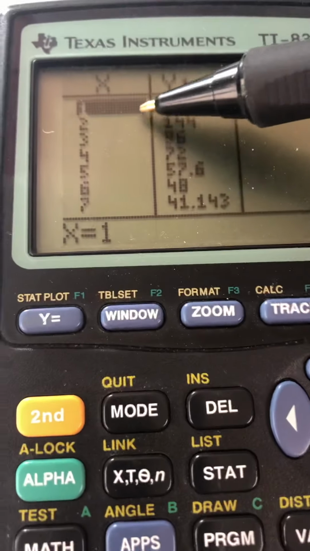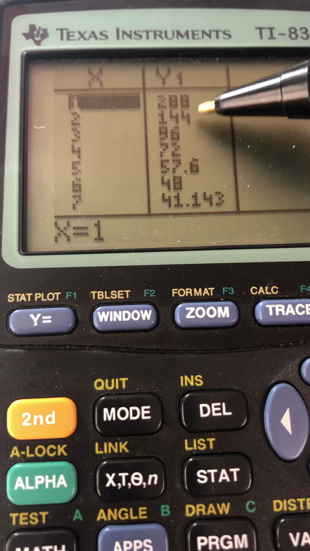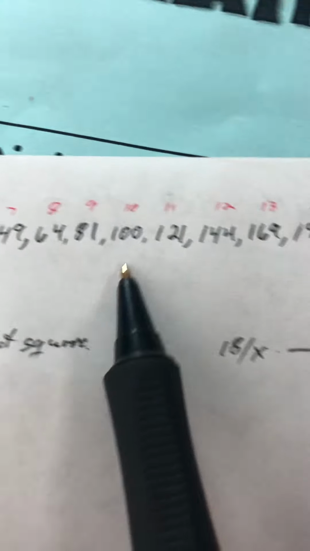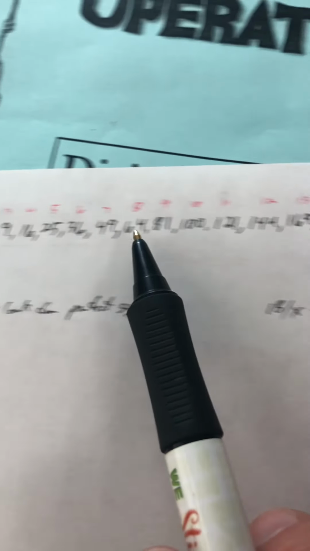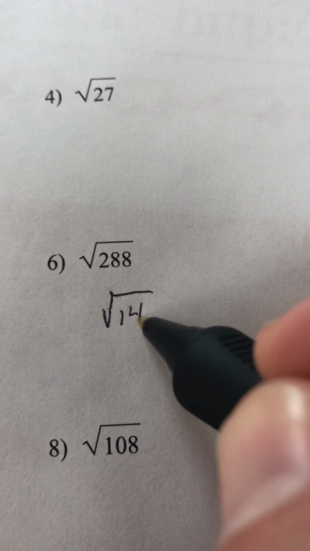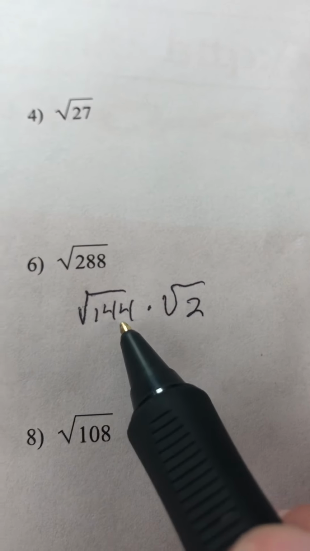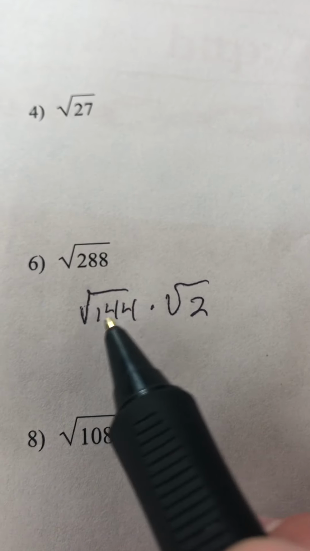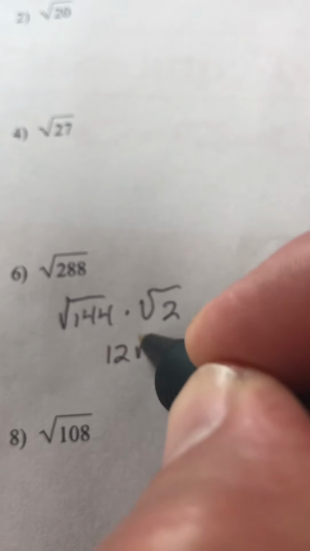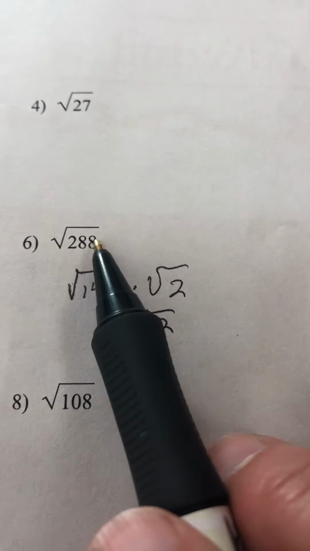And so the first ones that I come to, let me see, 144 and 2. 144, if you look at that list again, list of perfect squares, 144 ends up being 12. 12 times 12 is 144, and it was times 2, so square root of 2. Now, I can get rid of the square root because square root of 144 is 12, so I just have 12, and I have square root of 2. 12 times the square root of 2 would be square root of 288.